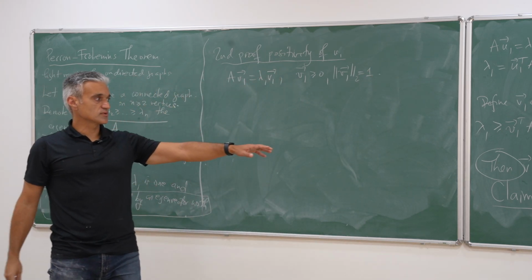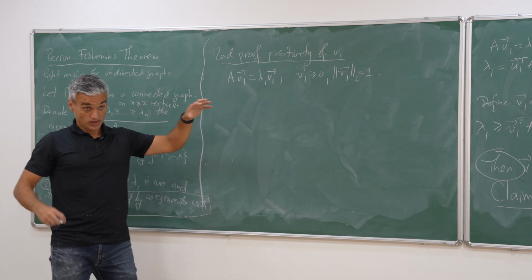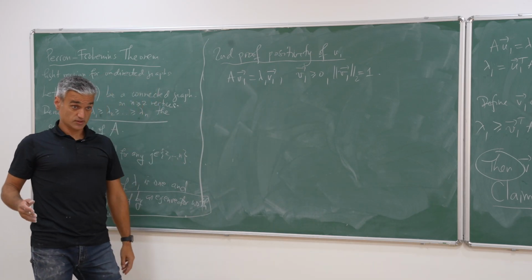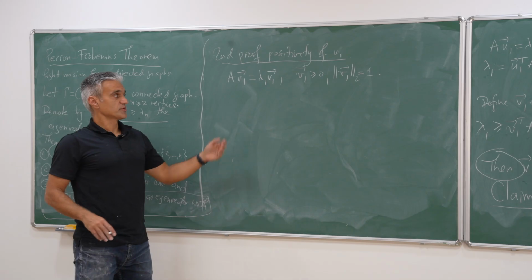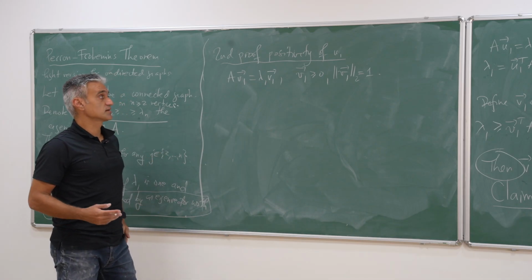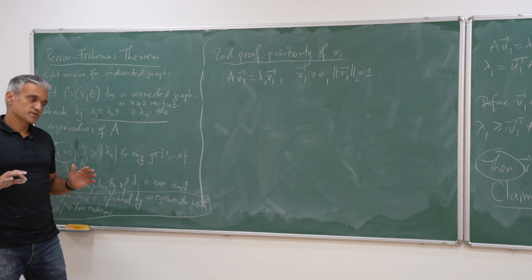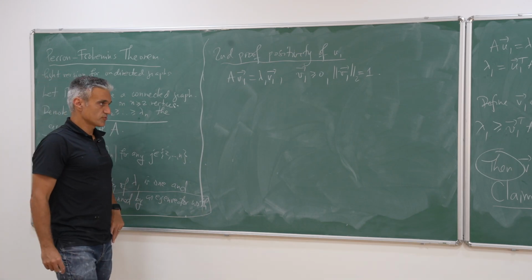Over there, we gave an argument that v1 has to be positive by using this eigenvalue eigenvector equation. You can do it in a different way. You can prove that v1 is positive, and this is related to the matrices that are used a little bit in the proof of the Perron-Frobenius theorem in general.